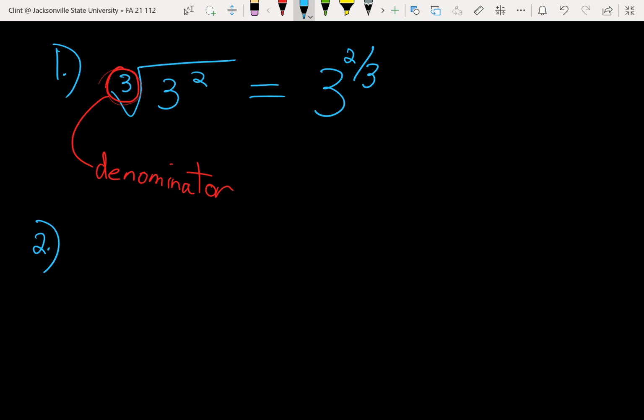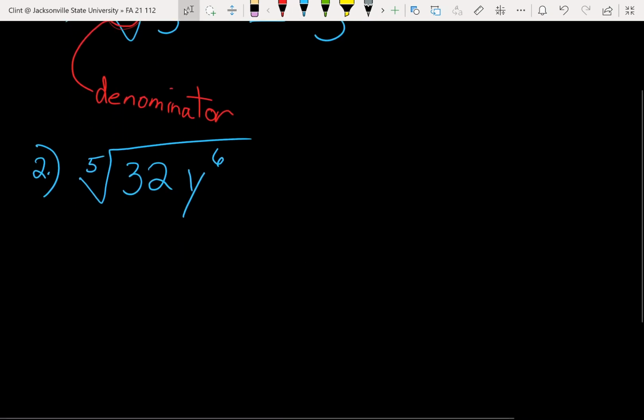Number 2 says simplify the expression. This one gives us the 5th root of 32y to the 6th. It says simplify, so what we're looking for is anything that we can move out in front of the radical.